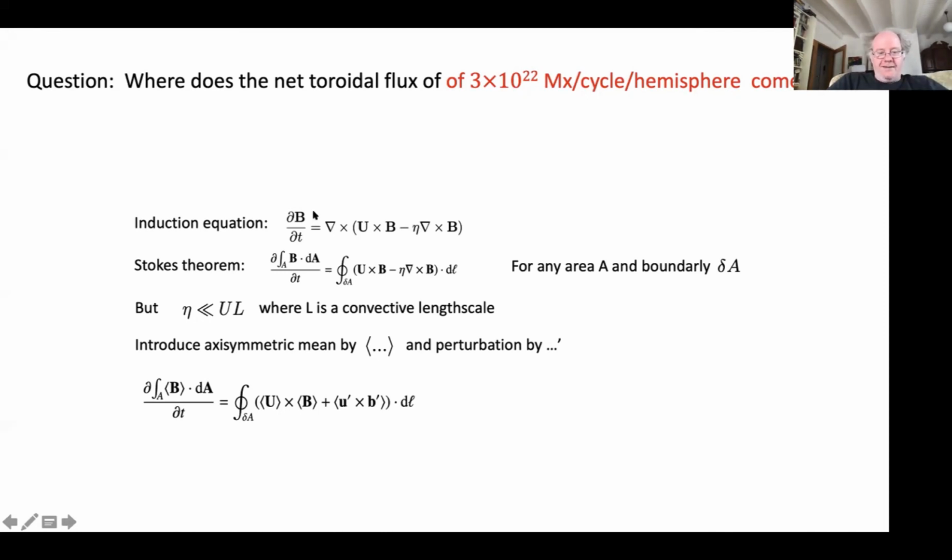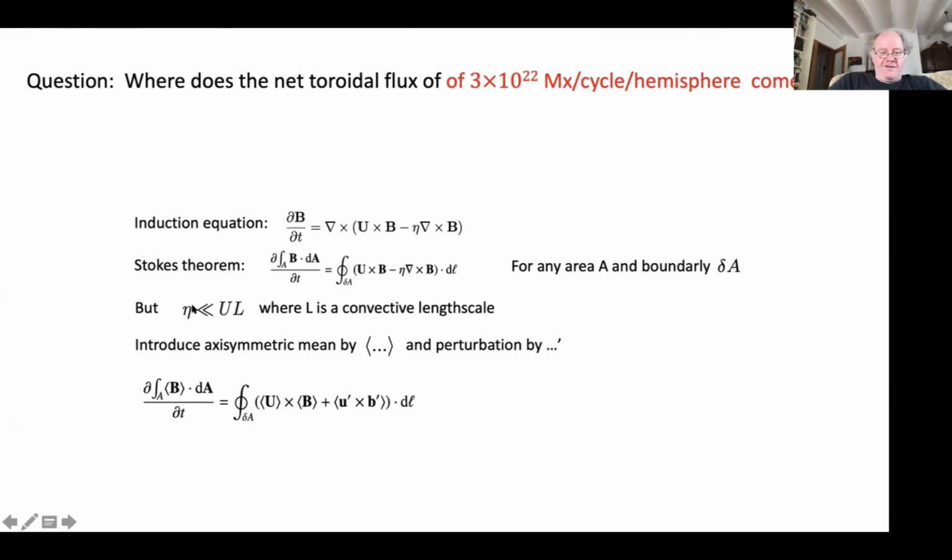Whether or not it's linear, we can apply Stokes' theorem to this equation. Stokes' theorem just tells you that the time derivative of the integral of B dot dA, where A is any surface with a boundary ∂A, is equal to some contour integral. Here we can make some simplifications.